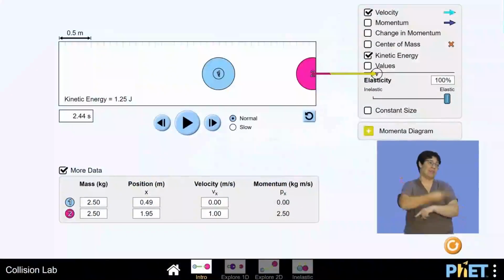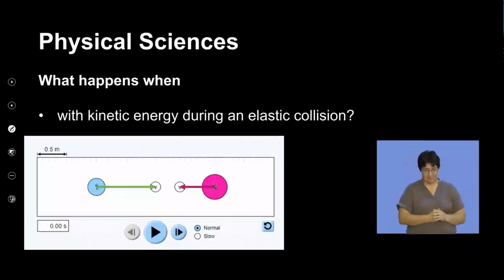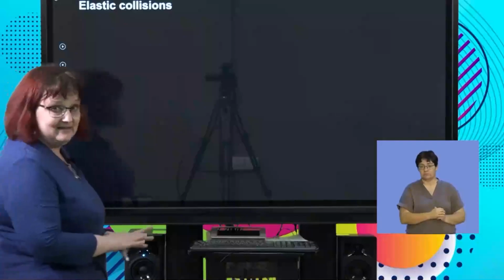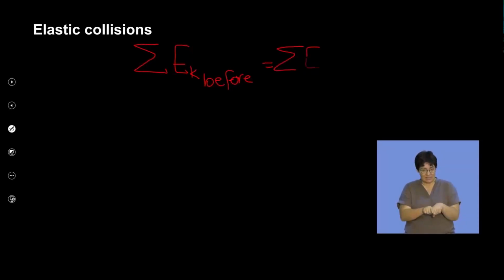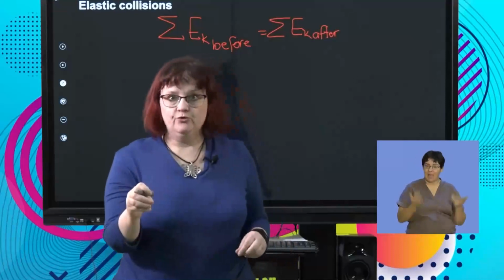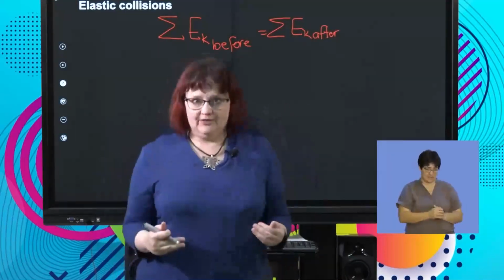So when we look here, for elastic collisions, my total kinetic energy before they collide has to be equal to the kinetic energy after. When we do calculations, this is something I have to prove. We do not start with that statement.